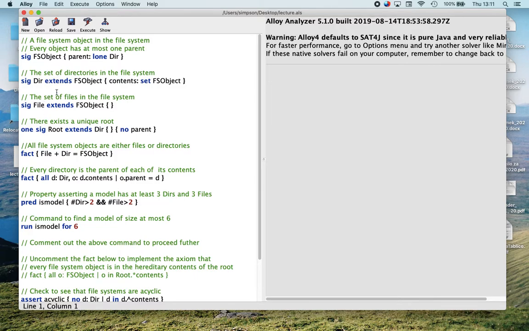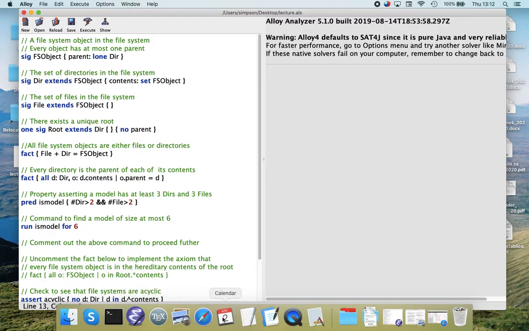The signature allows us to state properties of things as we declare it. And now we're asserting what Alloy considers as axioms, and they're going to also be axioms for us. So this is a succinct way of saying that every object is either a file or a directory, but the plus symbol means and it's not simultaneously a file and a directory. So it's exactly one of a file or a directory.